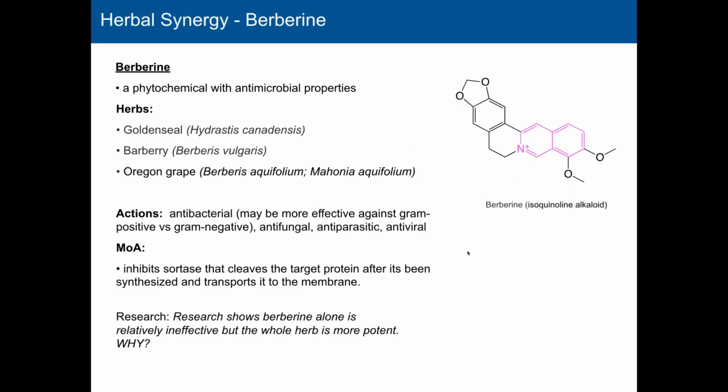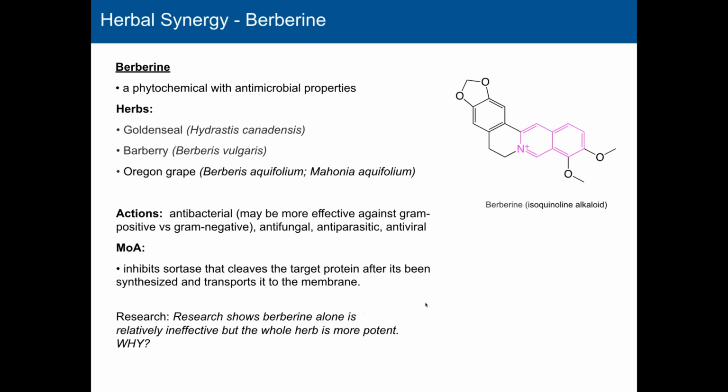So berberine, I mentioned this already, is a natural antibiotic, antifungal agent, and there are lots of different plants that have this particular compound in it. You can buy it as a supplement in isolation by itself, but it's found in whole form in goldenseal, barberry, Oregon grape. There's also a Chinese herb called coptis, and it's used in a similar way to goldenseal, barberry, and Oregon grape, basically as an antimicrobial, antifungal.